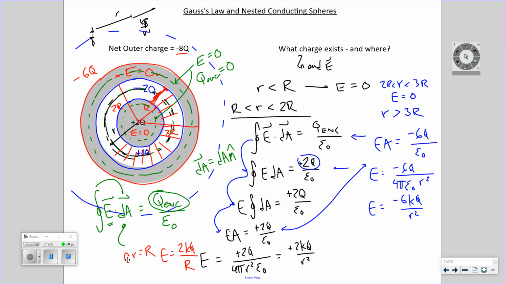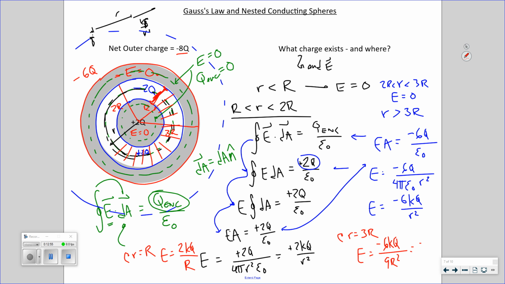All right, an important place we can say at the actual surface, at r is 3R, at that very outer surface, this E is going to be negative 6kQ over 3R quantity squared, 9R squared.